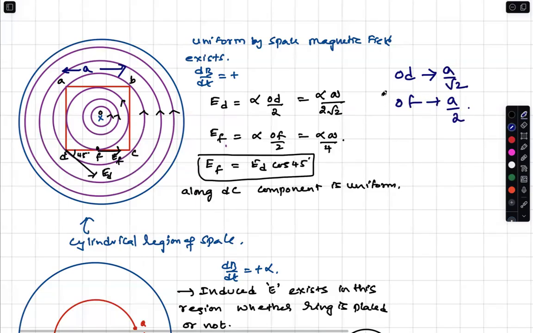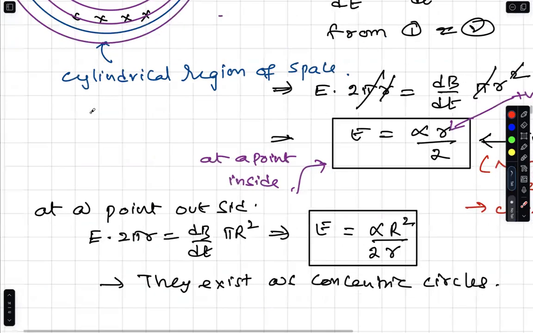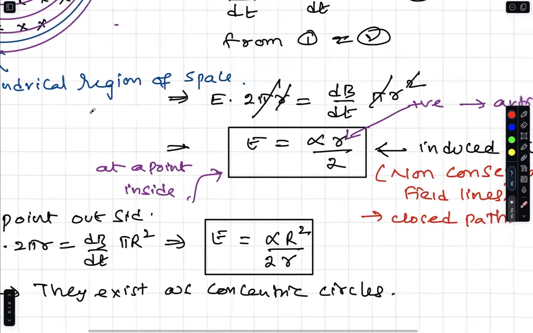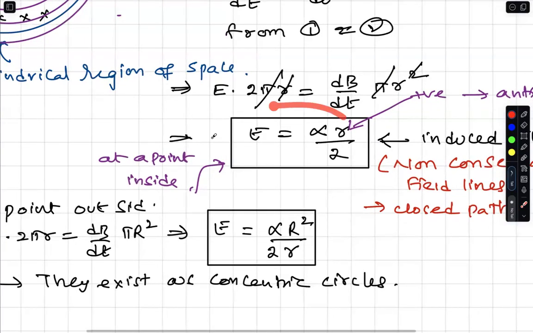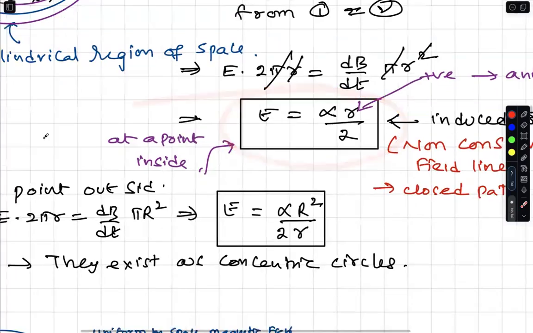Right. Now, if you notice in this, what you are noticing is that at this point E, our formula is inside alpha R by 2. Alpha R by 2 you are having here. Same I am going to use here.